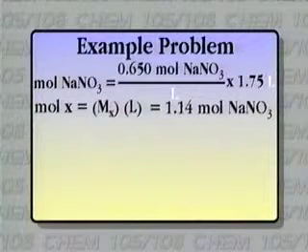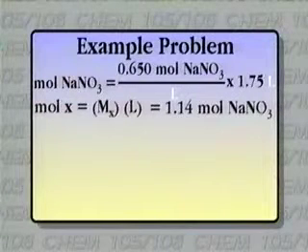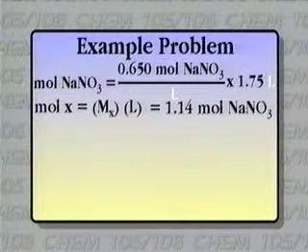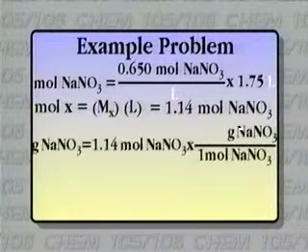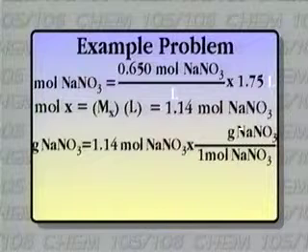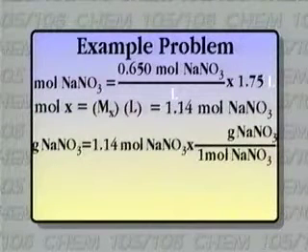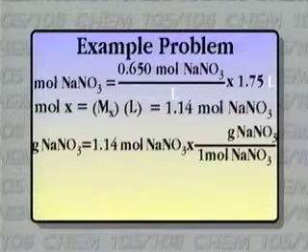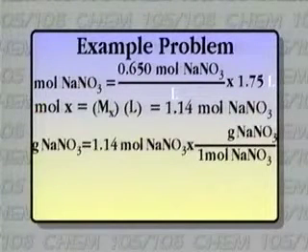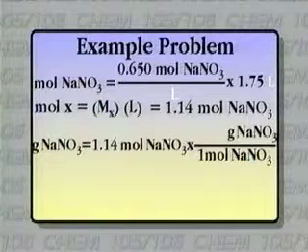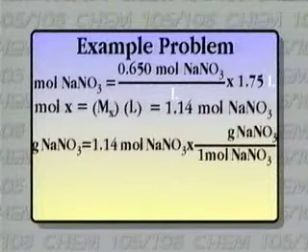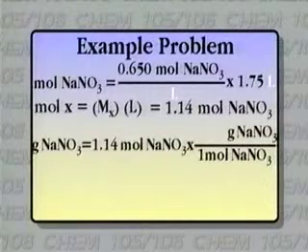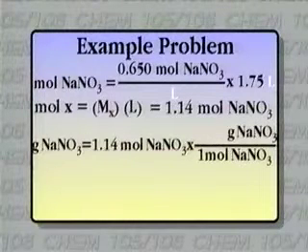And then we can ask the final question, how many grams of NaNO3? Because we have 1.14 mole NaNO3 multiplied by the number of grams per 1 mole. And of course we'll have to calculate that.